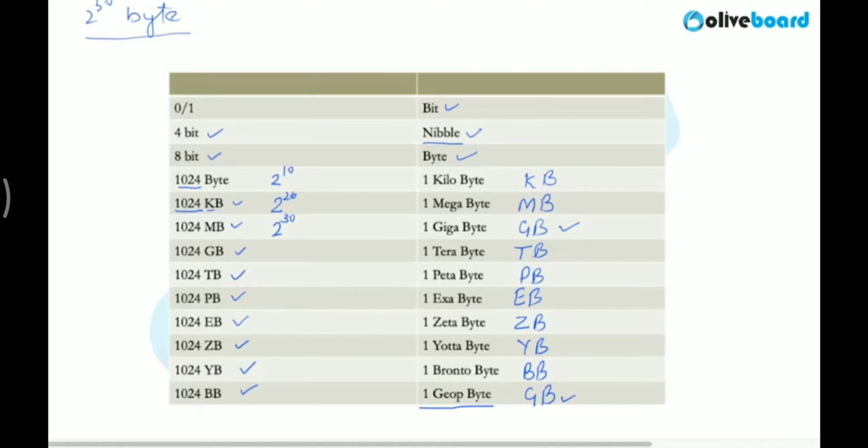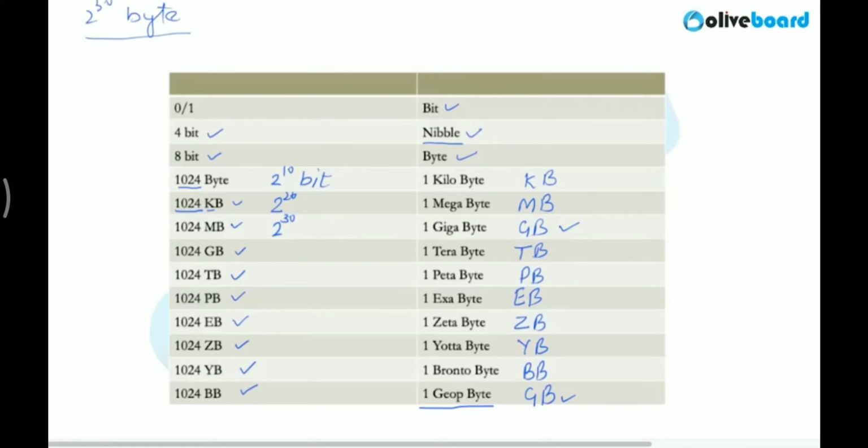Another thing to consider here is, apart from 2 to the power 30 or 2 to the power 20 or 2 to the power 10, what unit it is asking. It might ask what is 2 to the power 10 bit, and then our answer must be kilobit.